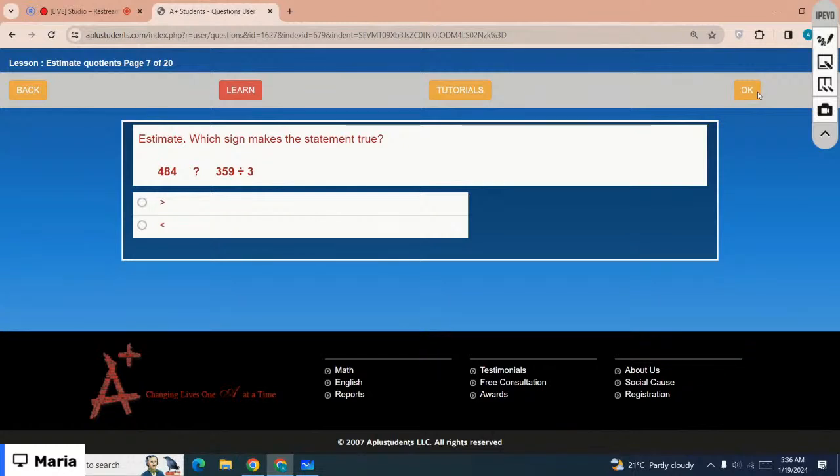484, you have to compare it to 359 divided by 3. So which is the correct option? Yes, again, 484 is greater than, not less, greater it is.